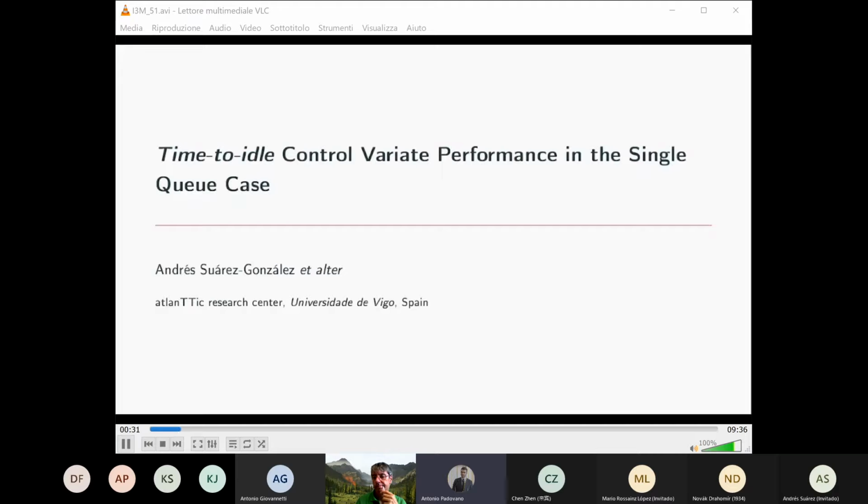Now, in the single queue case, we can compare its performance with two other control variates: the inter-arrival time and the service time.